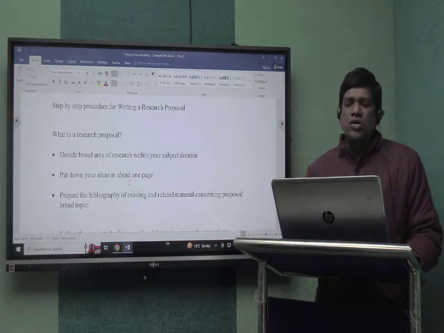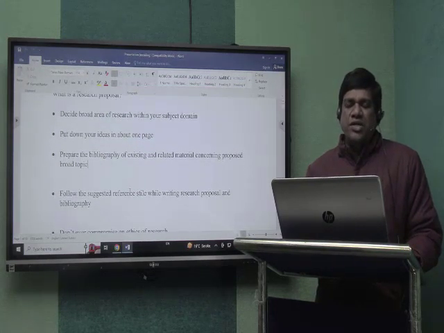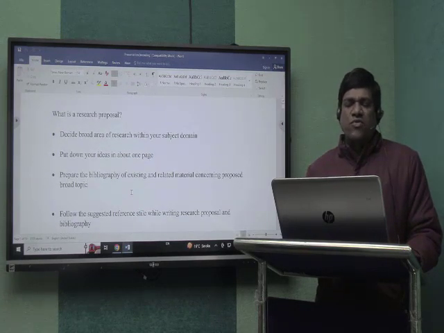It also helps you to convince your supervisor, mentor, funder, or any institution, because it's the research proposal that goes to them. If they find it interesting, then they'll mentor you, right? Therefore, while writing a research proposal, one has to be very careful and follow all the steps meticulously.